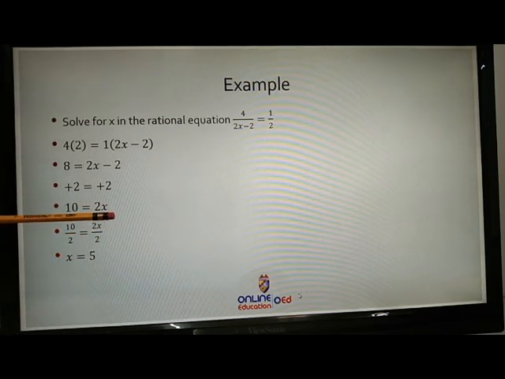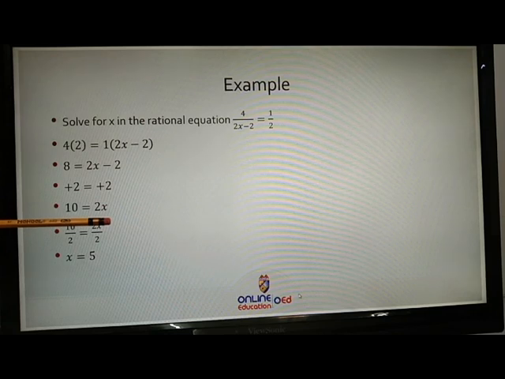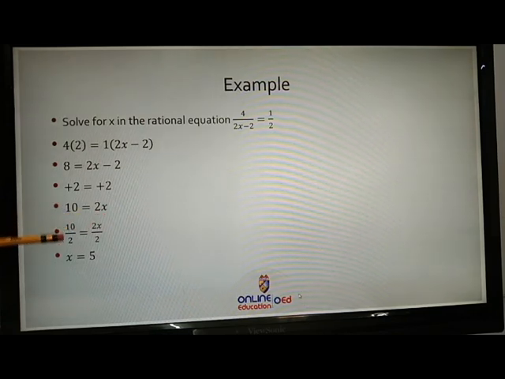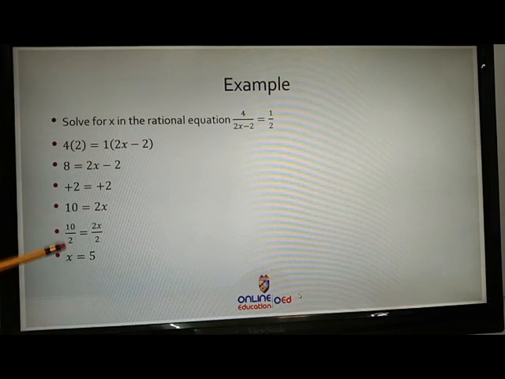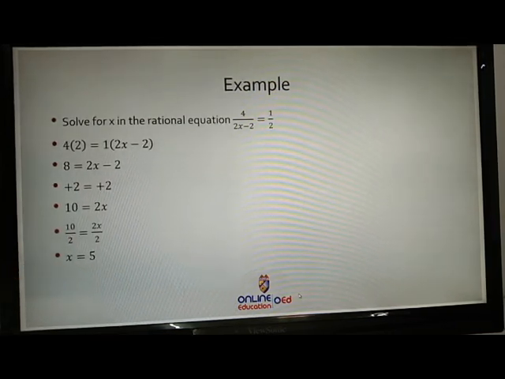Then to eliminate the numerical coefficient of x, which is 2, we have to divide both sides by 2. So we have 10 over 2 is equal to 2x over 2, and 2x over 2 is equal to x. So meron tayong x, 10 divided by 2, x is equal to 5. So that's how you evaluate a rational equation.